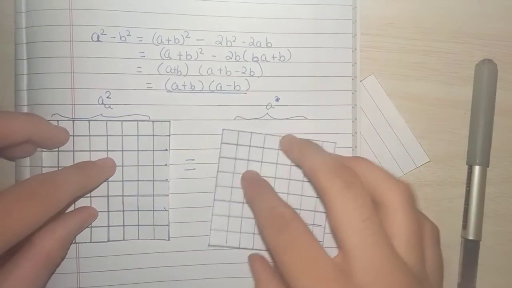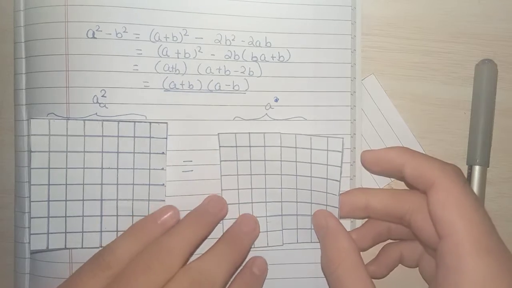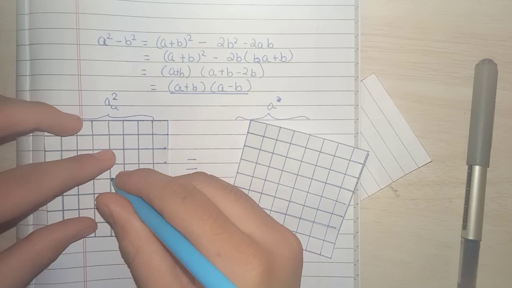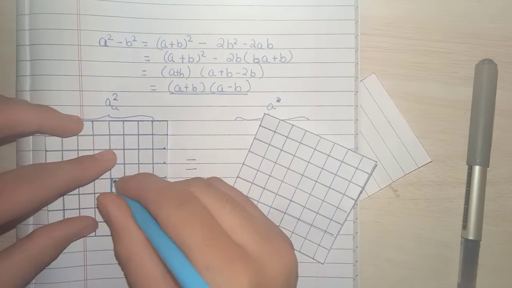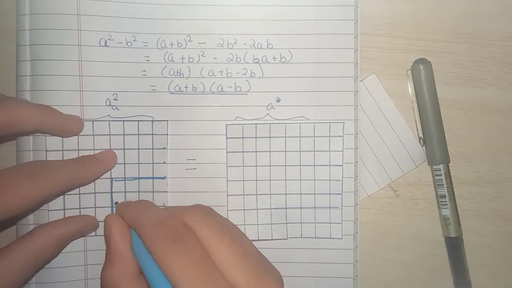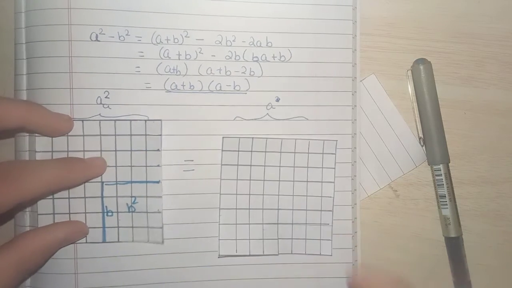Now we want to remove another square from it, which is b squared. So let us go ahead and remove a chunk of square here, which I will call b squared, and this has the side length b.